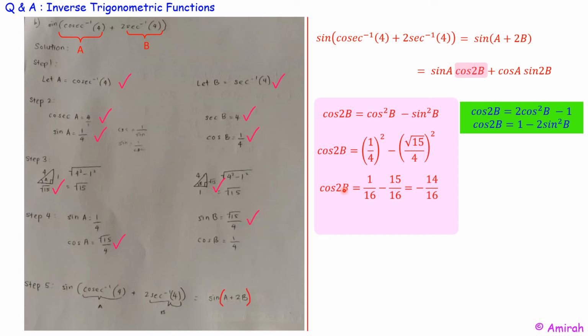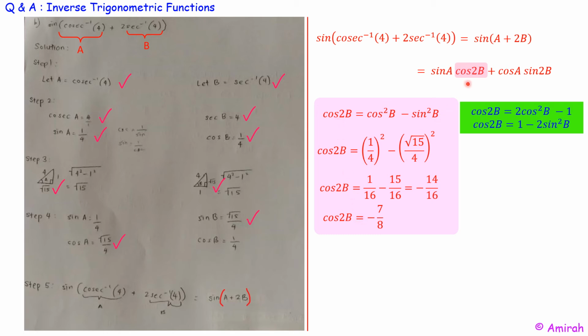After we solve this, we get negative 14 over 16, and when we simplify, we get negative 7/8. Okay, this is the value of cos 2B, using the double angle identity.